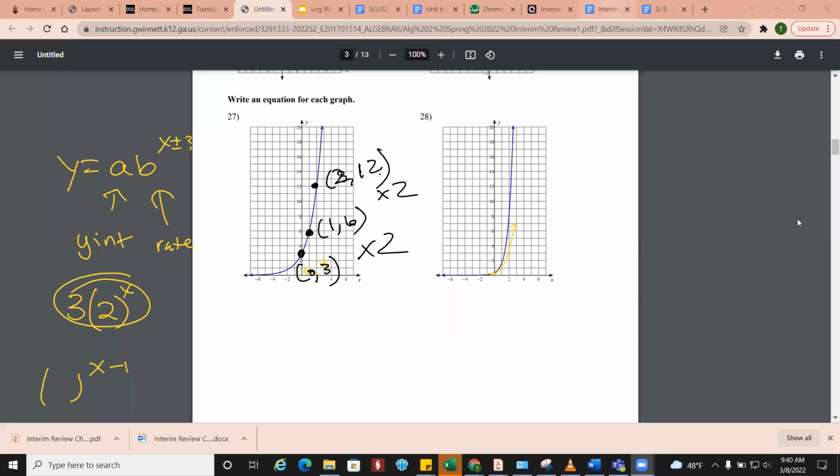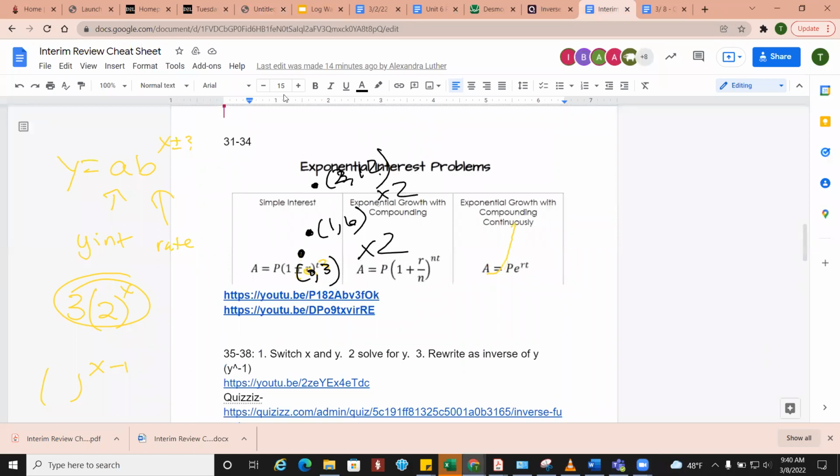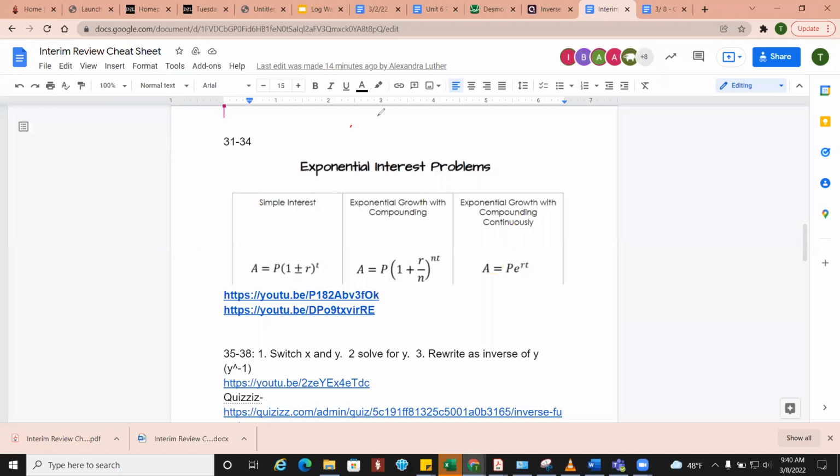All right, exponential interest problems. Okay, I think I want to correct myself. I don't know if it was somebody in this class or not, but I made an error on one of these problems. You do need to know this one pretty well, and maybe this one. I don't think you're actually going to have to plug in or create an equation.